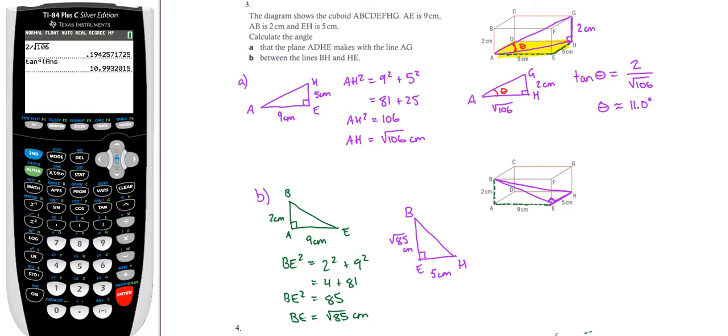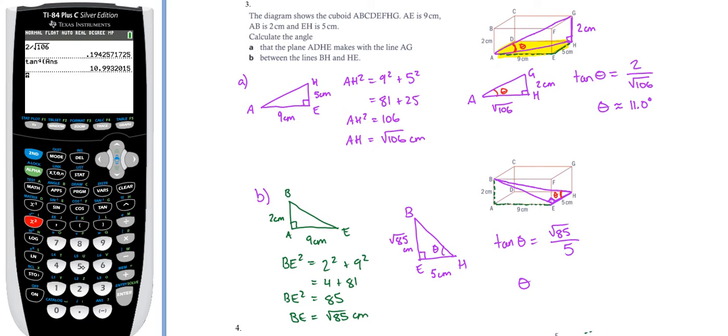And the angle I'm looking for is between BH and HE. So it's this angle down here in the corner, which is the same as this angle here in my triangle. So again, I have an unknown angle, I have the opposite side, and I have the adjacent side. So tan theta is root 85 divided by 5.